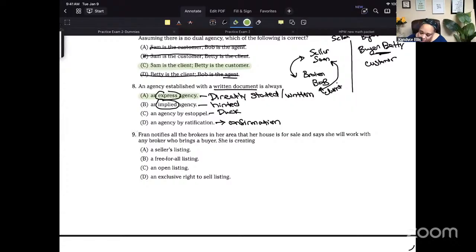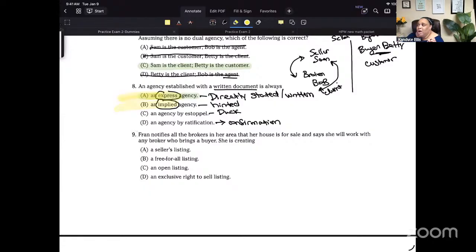And I'm telling y'all right now, these two words, express and implied, you're going to see a lot in real estate. So this is a star-worthy topic. You're going to see it in agency, like what you're able to do for your client and what you can't do.